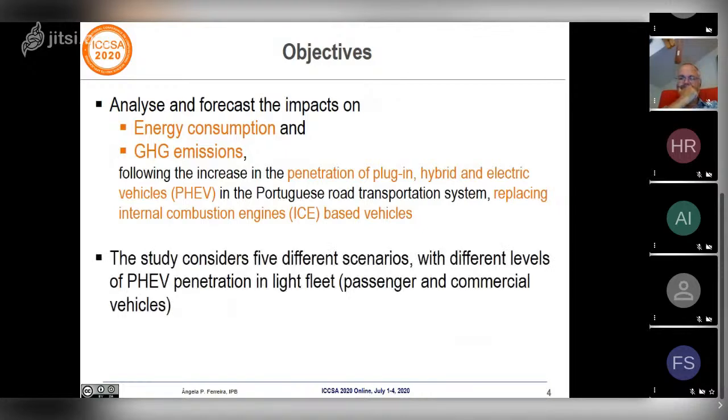The study considers 5 different scenarios with different levels of PHEV penetration in the light fleet, including passenger and commercial vehicles. Data on electrical propulsion-based vehicles is available only from 2011, so the time frame comprises the years from 2011 till 2030.